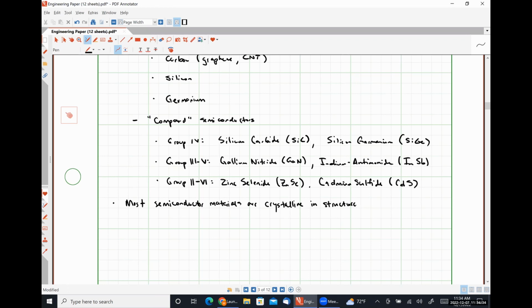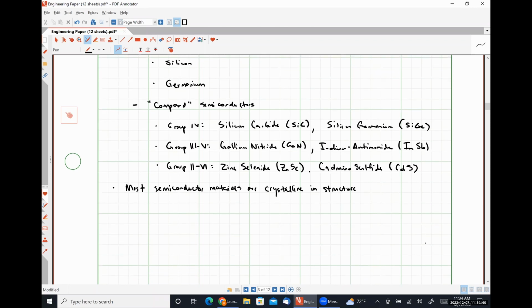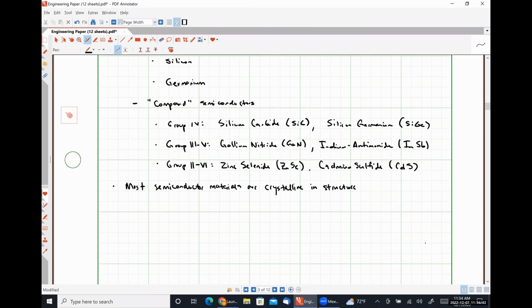If we look particularly at silicon, because that's our most common thing, the silicon crystal structure is a diamond or zinc blende crystal lattice, which means there are 2 face-centered cubic crystal lattice structures interposed with each other, where each silicon atom is covalently bonded to 4 neighbors.